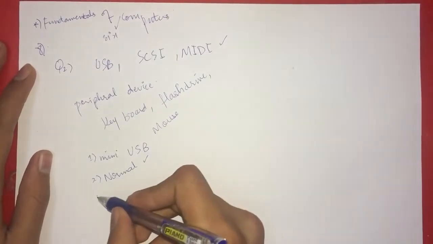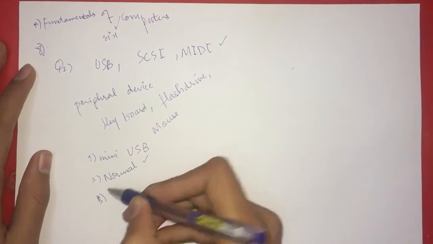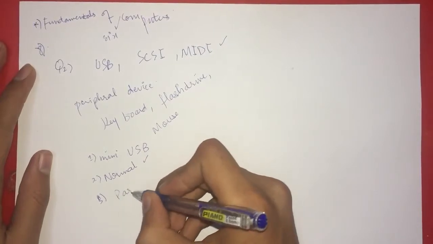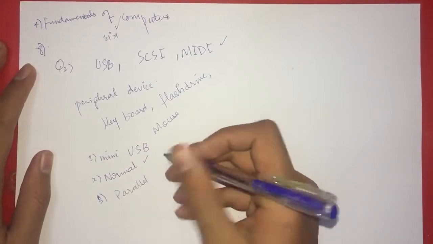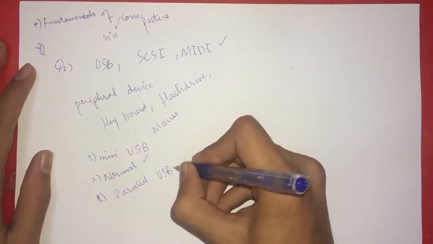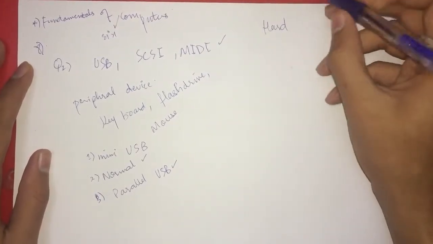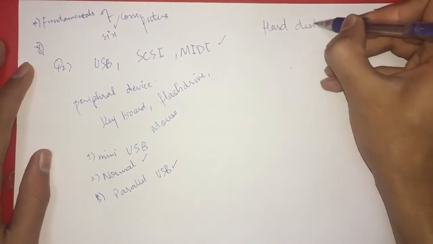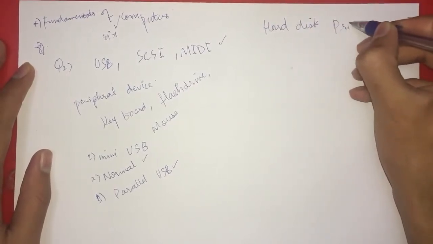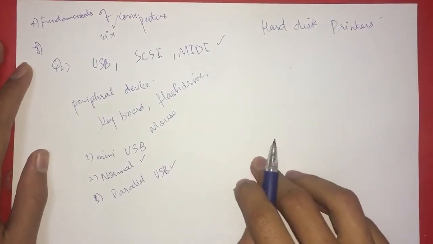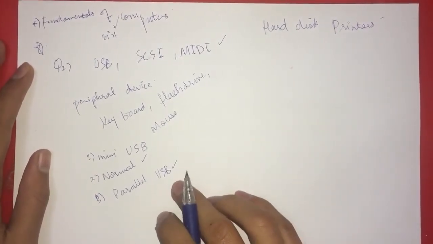And then you have another USB port, that is the parallel USB port. So what is the parallel USB port? It lets you connect different devices such as external hard disks and printers, and many other devices which can be connected to the computer using the parallel USB port.